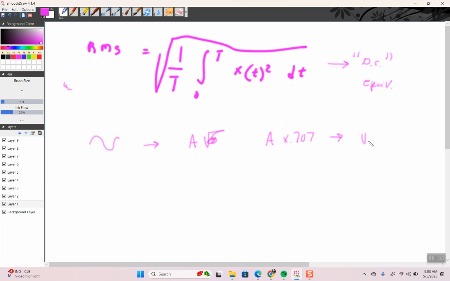So VRMS squared divided by your resistance would be like VDC squared divided by the resistance. The RMS of a DC signal is the DC signal itself, right? So it's just a convenient way to keep track of powers.